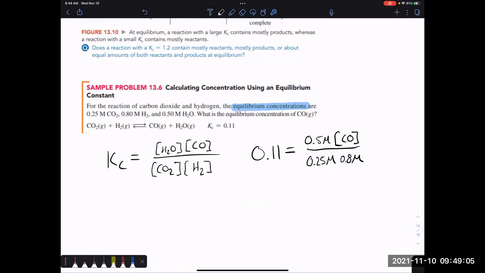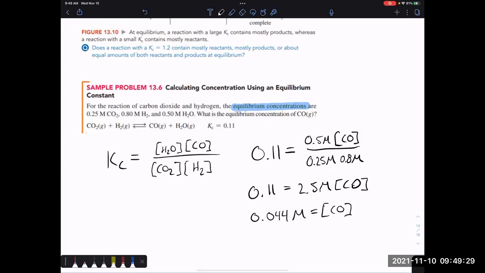Now I'm at 0.11 equals 2.5 molar times carbon monoxide. So if we do 0.11 divided by 2.5, we'll get 0.044 molar as our concentration of carbon monoxide.